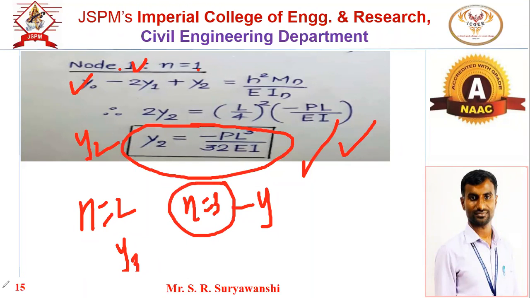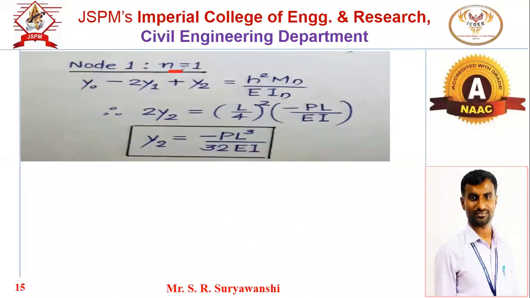Yes, for the third node, the deflection we get in a cantilever beam will be y4, the next nodal deflection. So after applying the central difference equation at node number 1, the value of y2 will be minus PL cube by 32 EI. The minus sign indicates the deflection is downward.